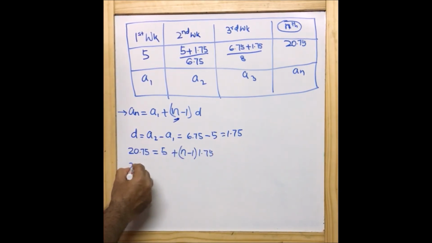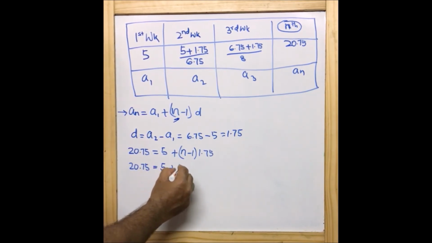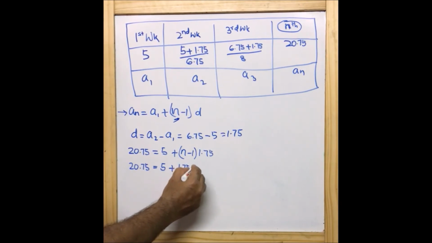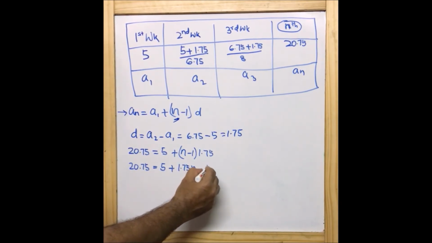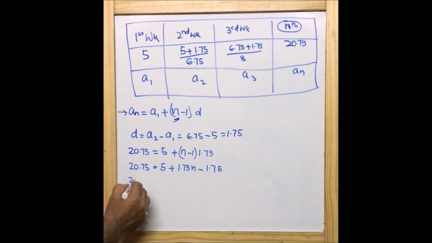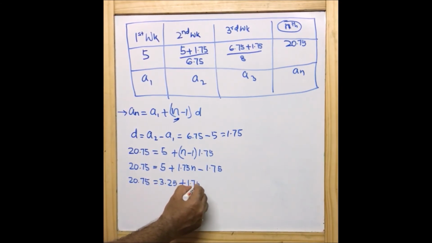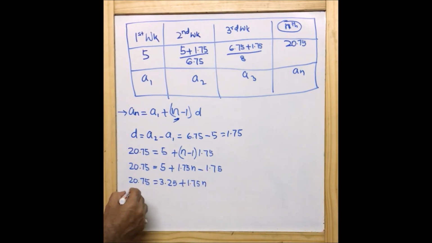Or I can say 20.75 is equal to 5 plus 1.75 N minus 1.75. Further solving this equation, I am getting 20.75 is equal to 3.25 plus 1.75 N.